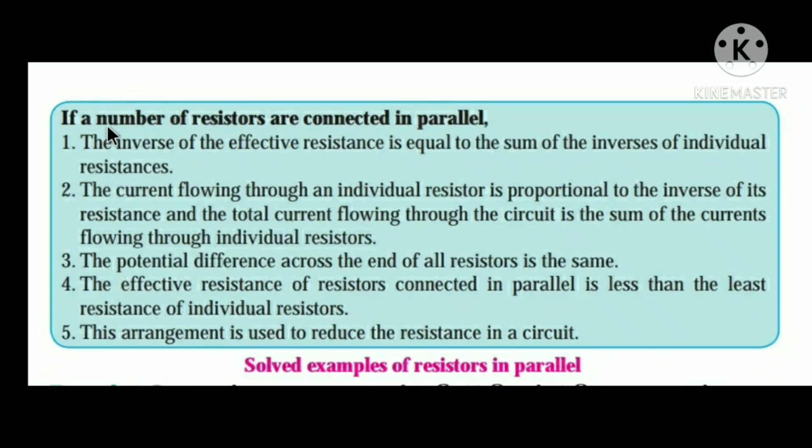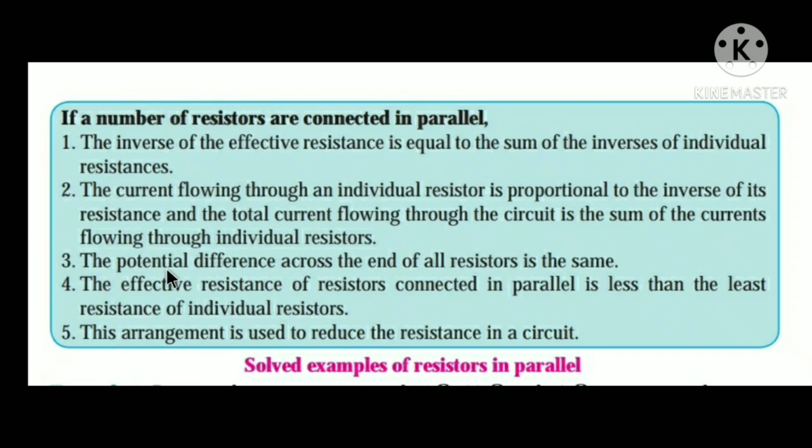If a number of resistors are connected in parallel, first the inverse of the effective resistance is equal to the sum of inverses of individual resistances. The current flowing through an individual resistor is proportional to the inverse of its resistance, and the total current flowing through the circuit is the sum of the currents flowing through the individual resistors.